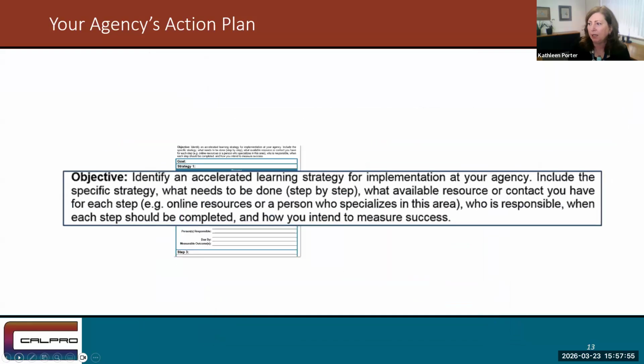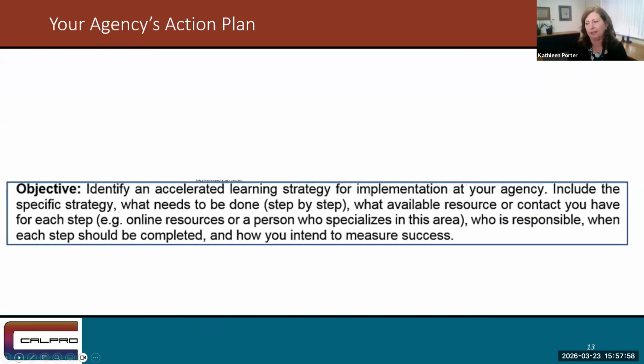But the objective is really that we're going to identify an accelerated learning strategy for implementation at your agency. You're going to include the specific strategy, what needs to be done, so a step-by-step approach, what available resources or contacts you have for each step, who's responsible, when each step should be completed, and how you intend to measure success.